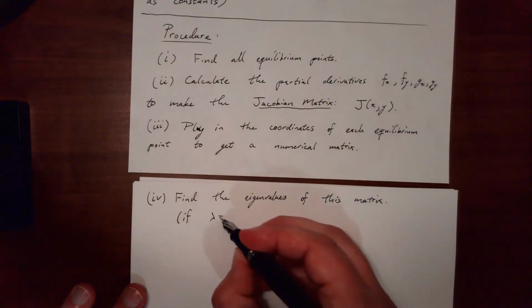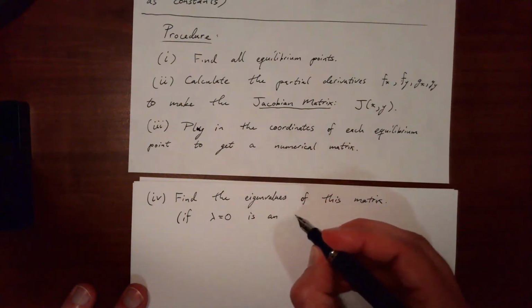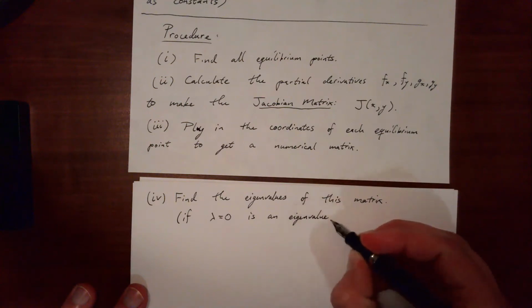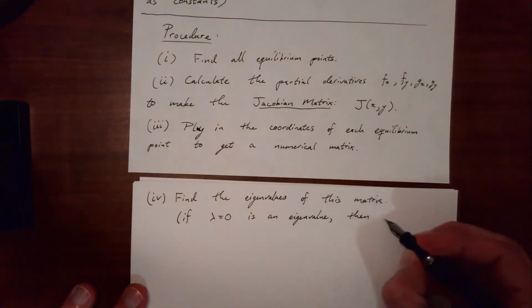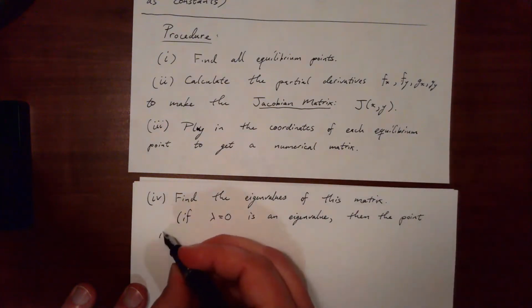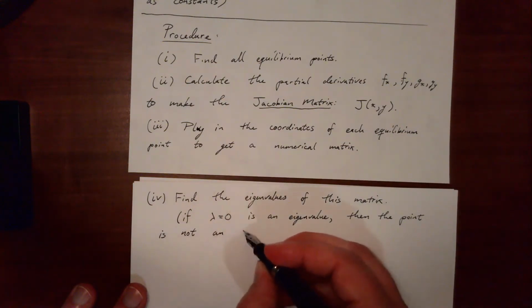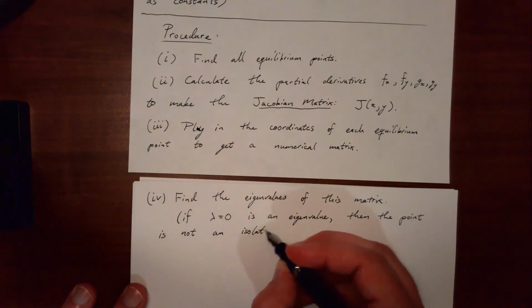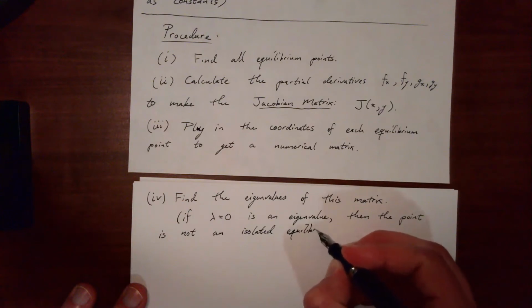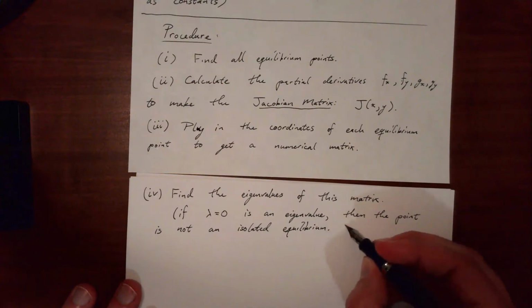If lambda equals 0 is an eigenvalue, then the point is not an isolated equilibrium, and we would just stop there.